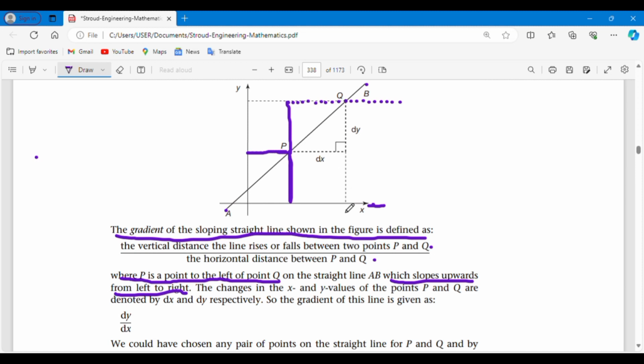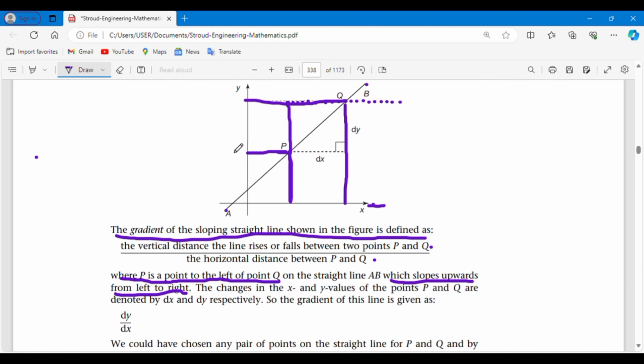This is the x value of point Q, and this is the y value of point Q, right? They now said are denoted by the x and the y respectively.